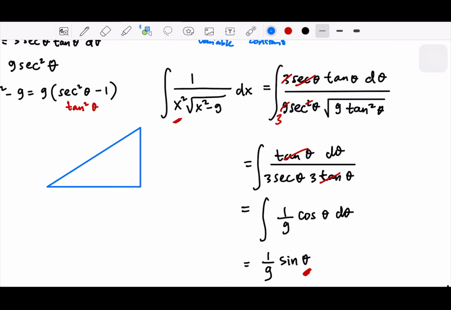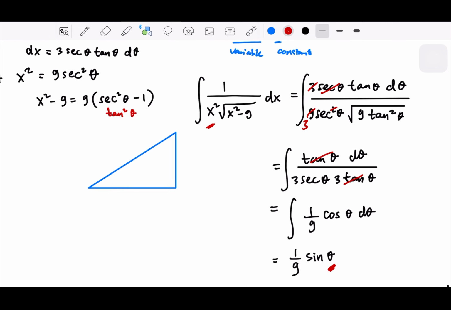Always draw the triangle. And remember that our x is 3 secant theta, right? So secant theta is x over 3, or cosine theta is 3 over x. So if this is theta, this is 3, this is x. This part here is the square root of x squared minus 9.